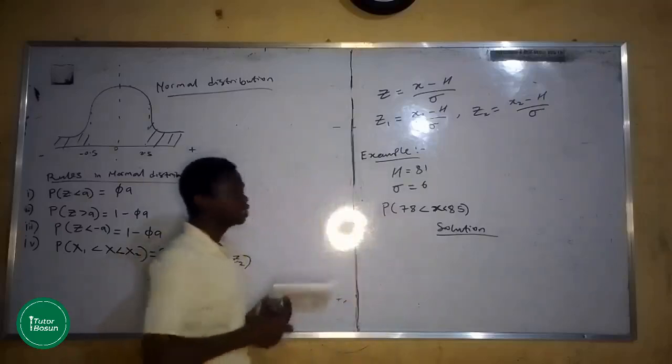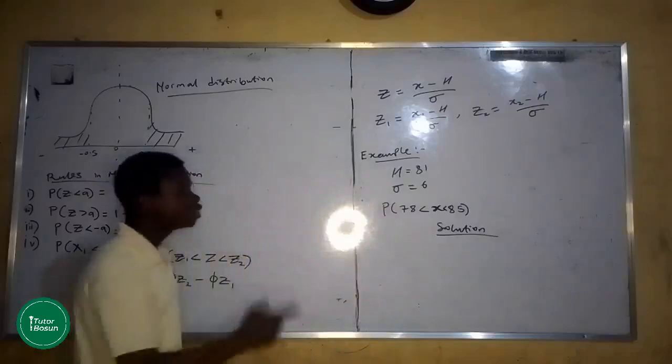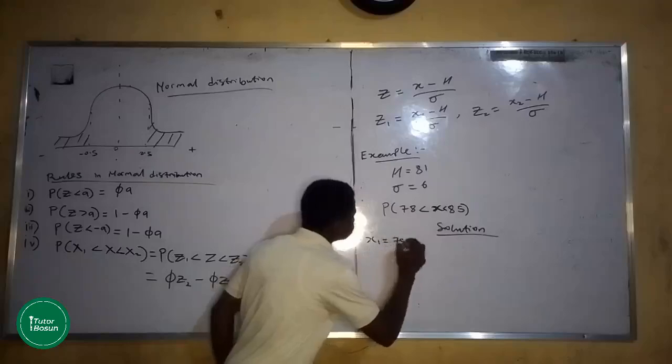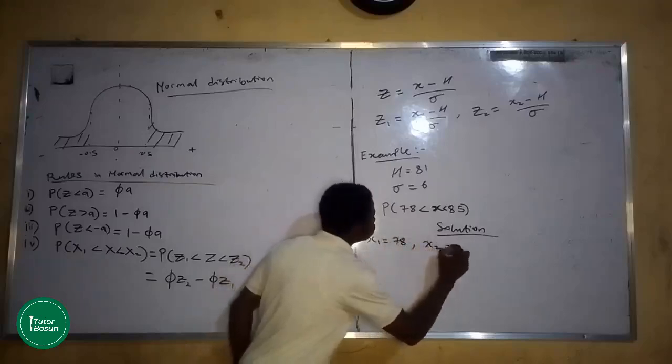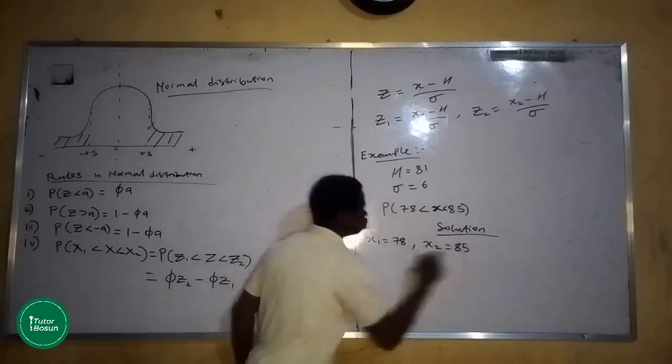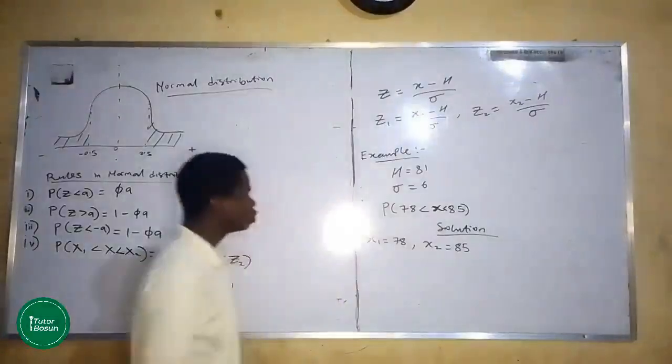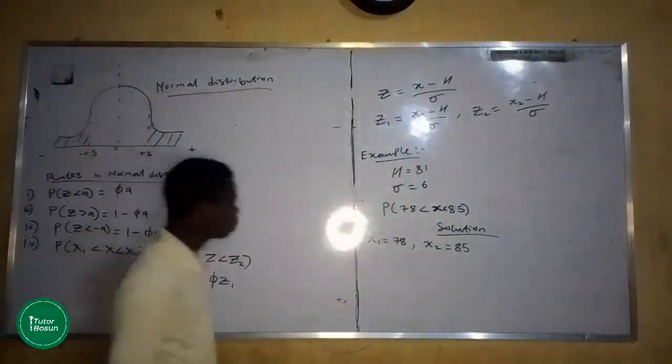So the first thing you need to convert, here you are having x1 and x2. Your x1 is equal to 78, while your x2 is equal to 85. So you convert x1 to z1 and convert x2 to z2.